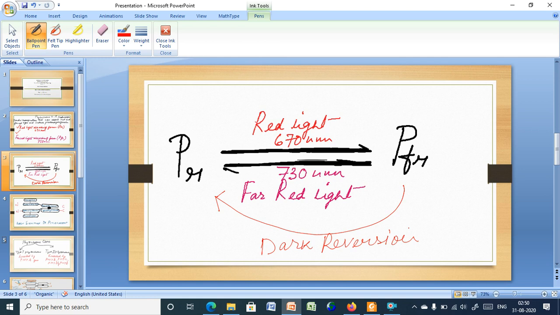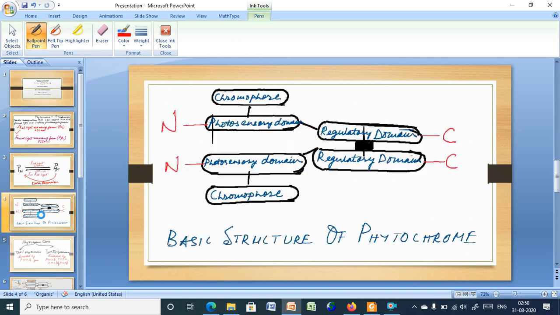and we can consider its similarity with the mammalian bile pigments. This is the basic structure of phytochrome.